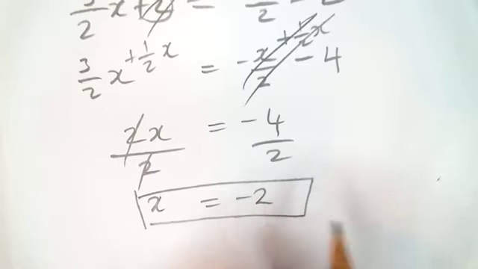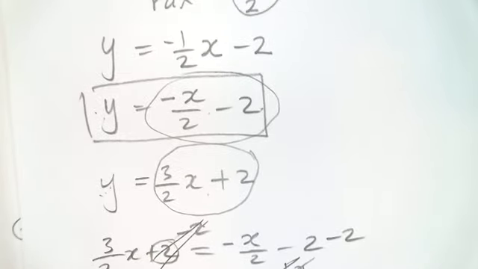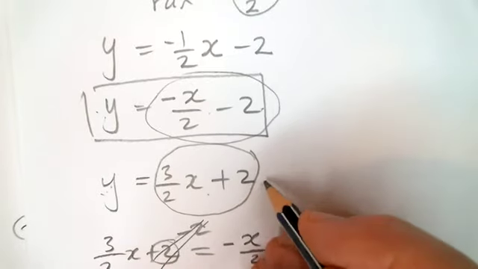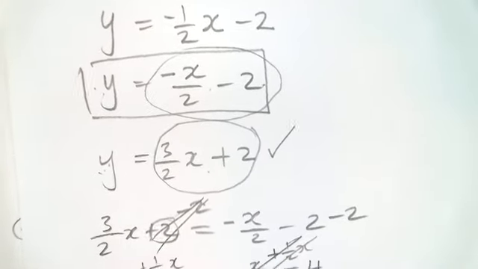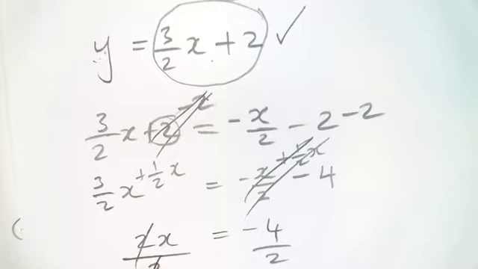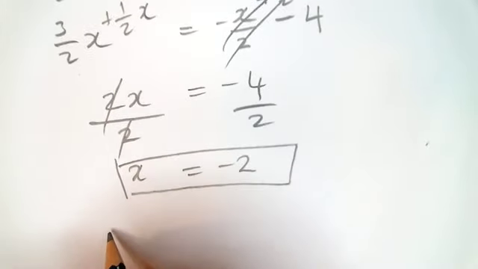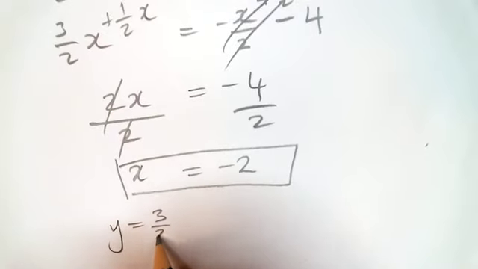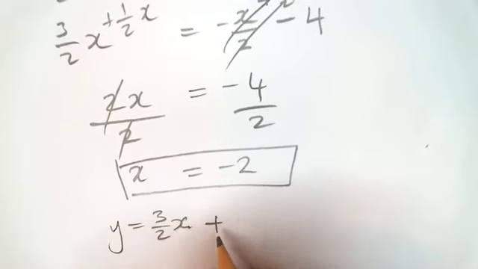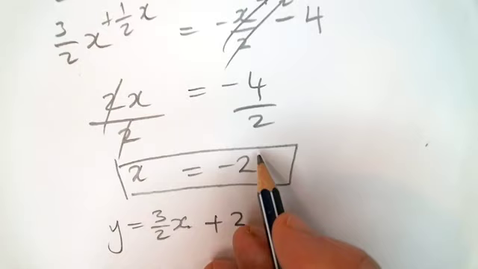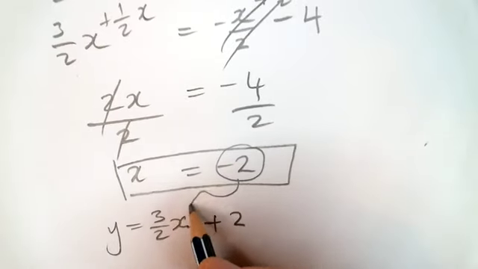Well, we want to find the other point, so I'm just going to take one of these equations. In fact, I'm just going to take this equation here. It's got less negatives, and negatives just get in the way for me. So y is 3 over 2x plus 2. So I'm going to substitute the -2 in for x.